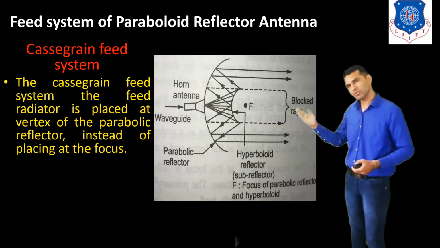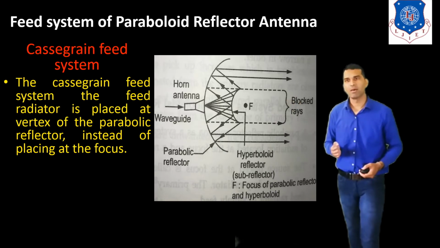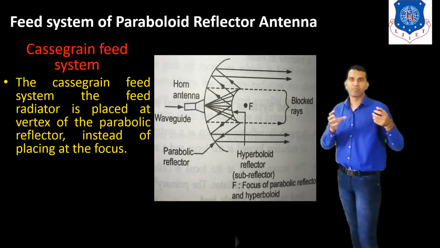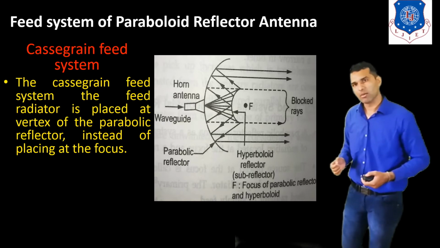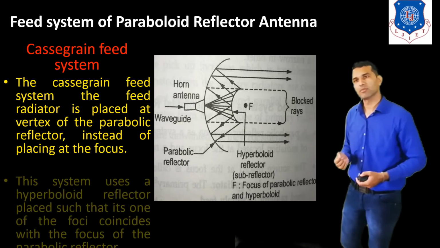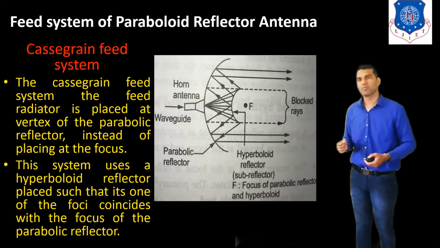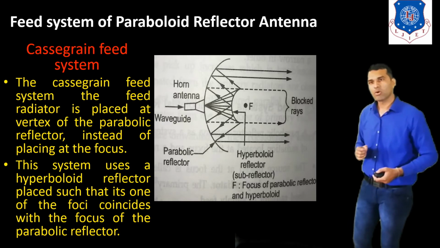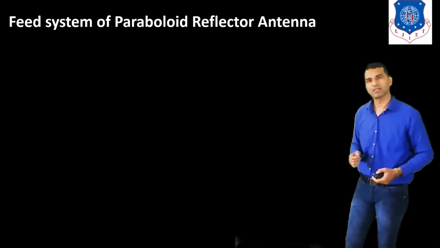In this figure we see the feed is a horn antenna placed at the vertex of the parabola, whereas normally we place the feed antenna at the focus of the parabola. This system uses a hyperboloid reflector placed such that one of its foci coincides with the focus of the parabolic reflector.